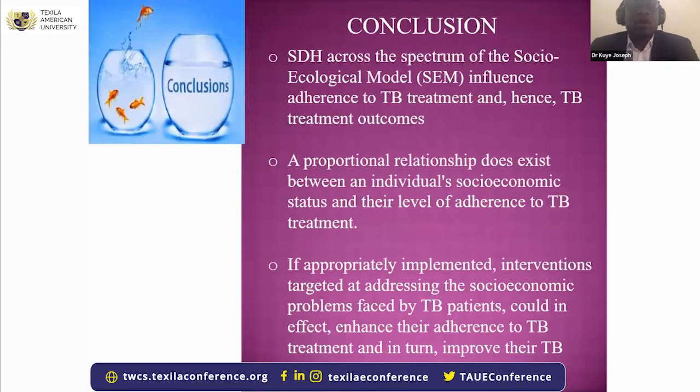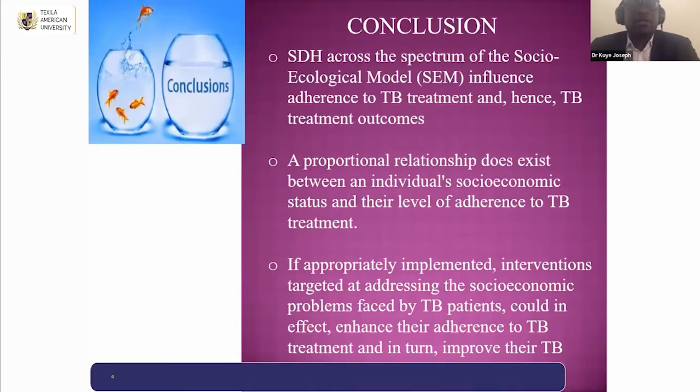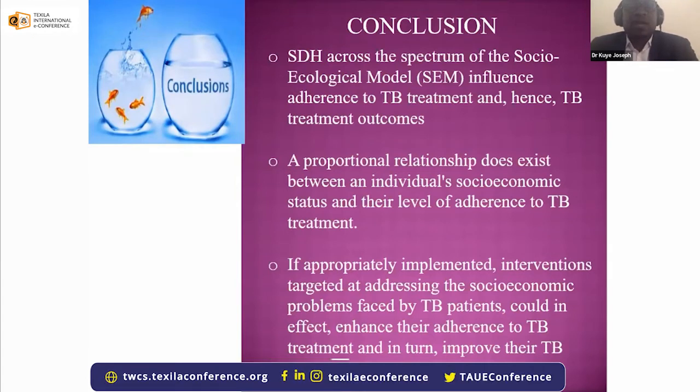As a way of concluding, social determinants of health across the spectrum of the socio-ecological model influence adherence to TB treatment and hence TB treatment outcome. A proportional relationship exists between an individual's socioeconomic status and their level of adherence to TB treatment.